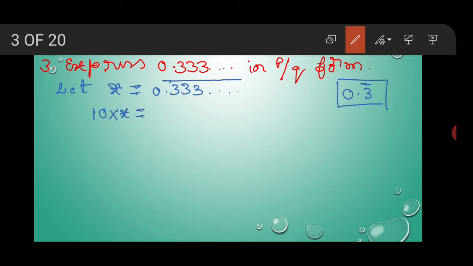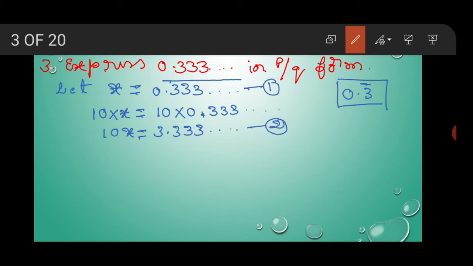So 10x is equal to, multiplying the right hand side also by 10, 0.333 on and on. The decimal point jumps one digit to the right. So it becomes 3.3333 on and on. Take this as equation number 1 and this as equation number 2.